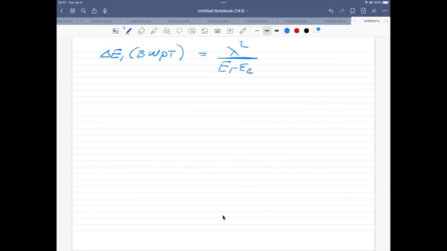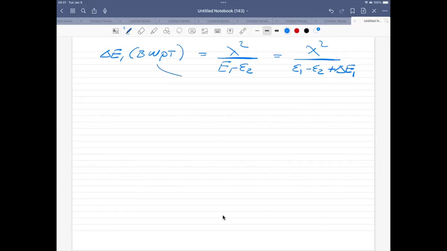And this is something which we obviously can rewrite by adding and subtracting epsilon 1. This is nothing but lambda squared divided by epsilon 1 minus epsilon 2 plus delta E1 for Brillouin-Wigner perturbation theory.